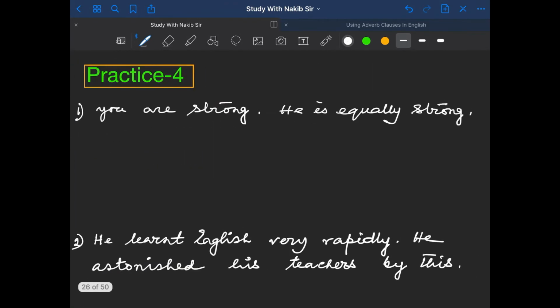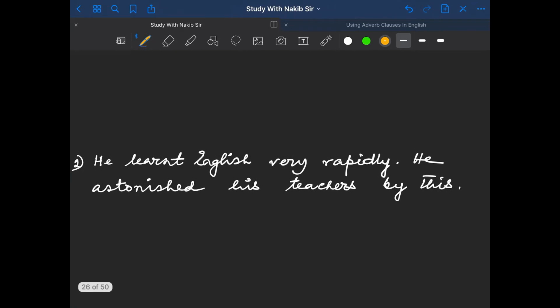Now go to the next sheet. See the question. First question is, you are strong. He is equally strong. 2 sentences are there. Second question is, he learnt English very rapidly.